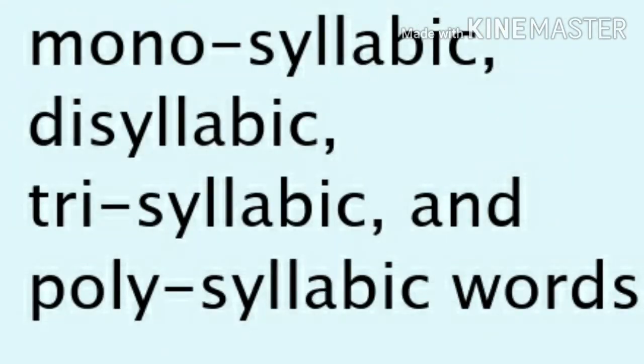A word may be a monosyllabic word, bisyllabic word, trisyllabic word, or if it has more than 3 syllables, generally it is called a polysyllabic word. So a syllable may consist of one or more speech sounds in the form of various syllables.